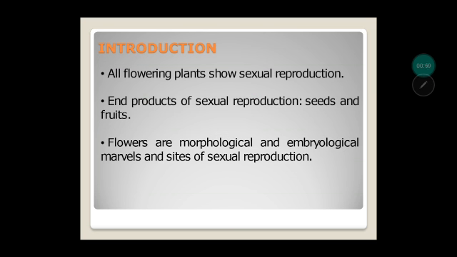So to begin with, all the flowering plants show sexual reproduction, means all the plants which produce flowers are showing sexual reproduction. So flowers are, you can say, the reproductive organs for the angiosperms. What are angiosperms? Angiosperms are flowering plants. All right. So what are the end products of sexual reproduction?